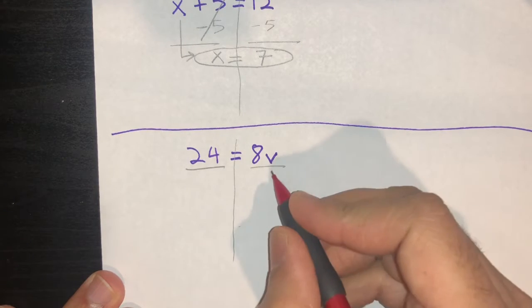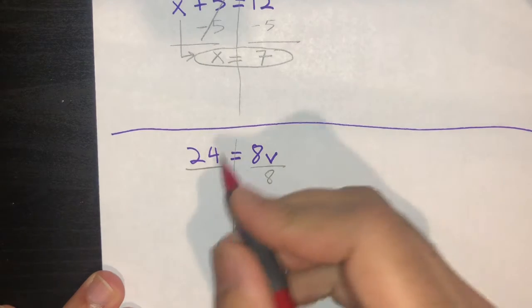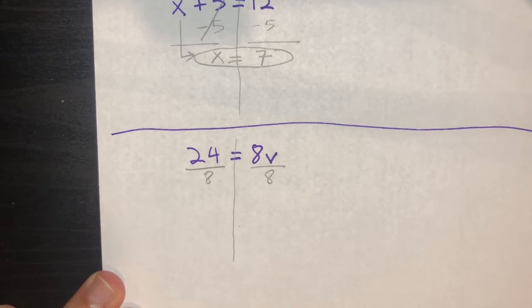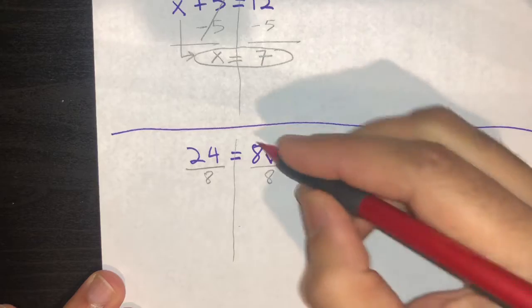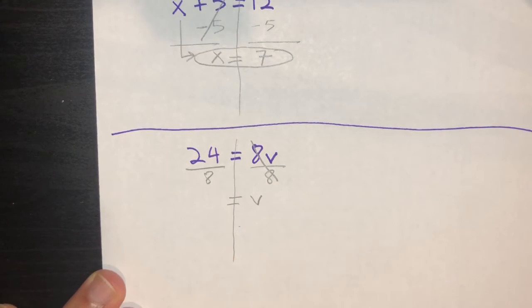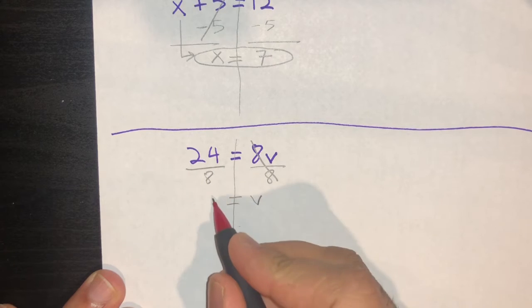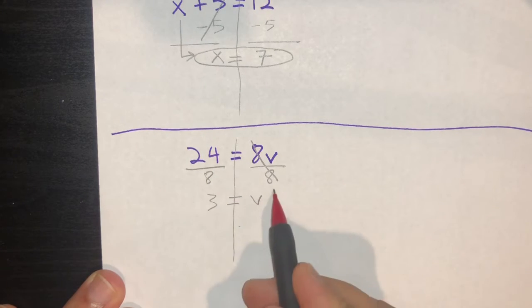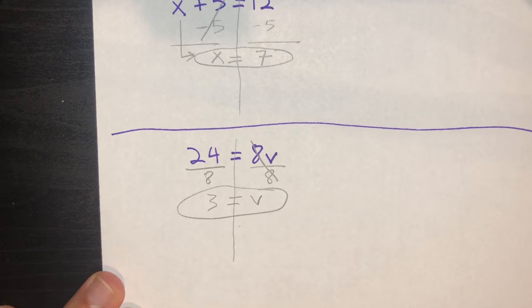So in this case, that's 8. So I'm going to divide by 8 on this side, divide by 8 on this side. These 8s cancel out, so I'm left with v on that side. 24 divided by 8 is of course 3. So my final answer is going to be 3 equals v, or v equals 3.